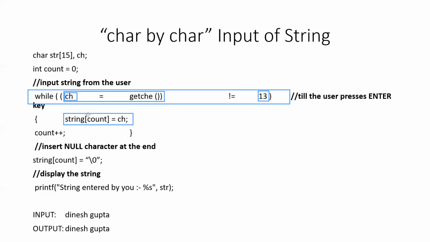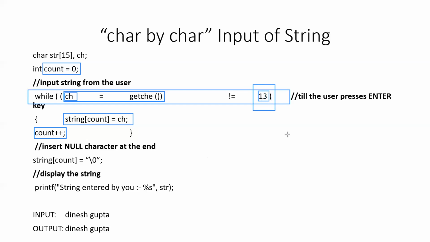That is decided by the value of the variable count, which is initially 0. That means the first character that a user inputs is stored at the first position in the string, and then the value of the count variable is incremented by 1. That means the second character input given by the user will be stored at the second position inside the string. This while loop will continue till the user presses the enter key.